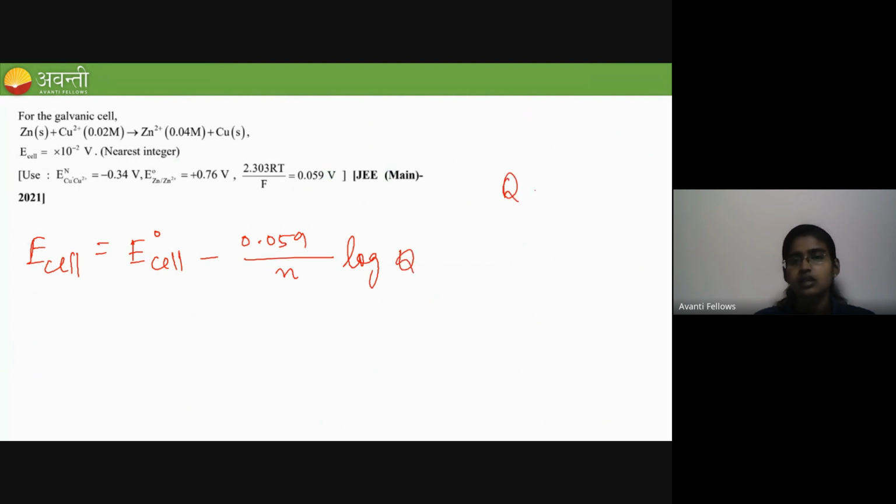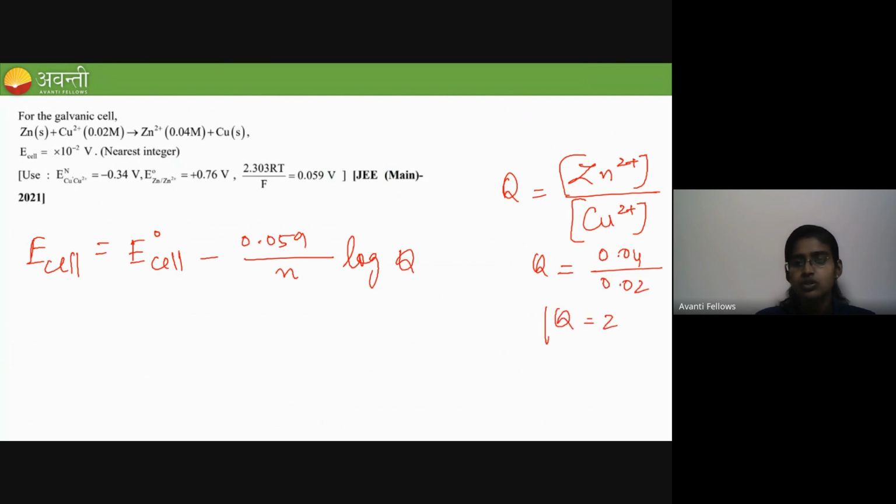And how to find out Q? Q is the oxidized ion concentration by the reduction ion concentration, right? So Q is going to be the concentration of zinc 2 plus, 0.04, and for copper it is 0.02. So the answer is going to be 2.